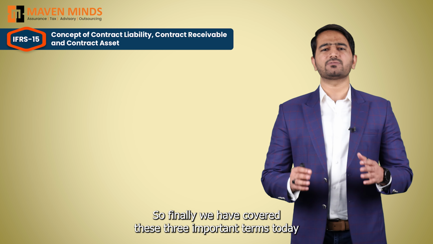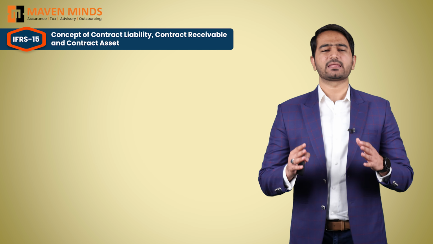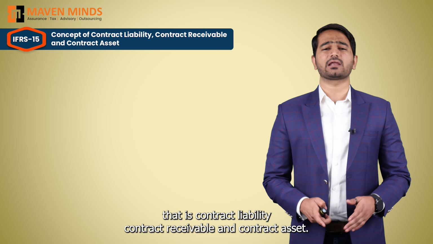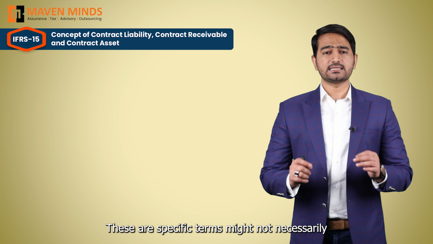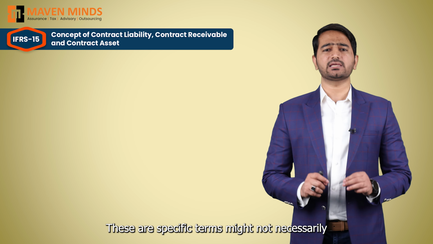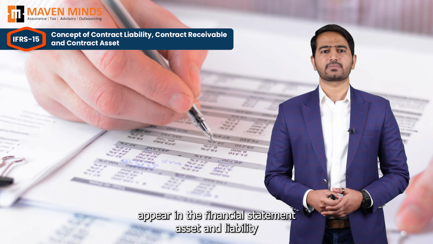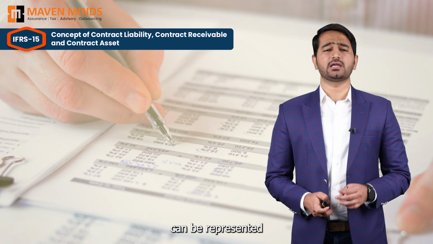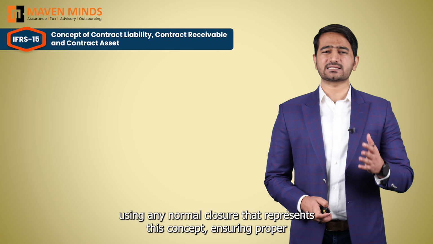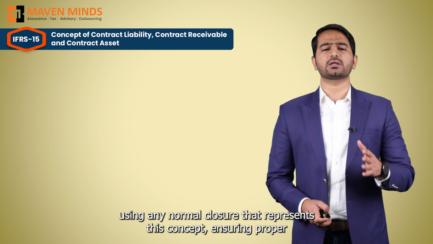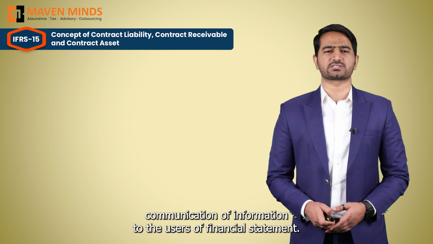So finally, we have covered these three important terms today, that is contract liability, contract receivable and contract asset. These specific terms might not necessarily appear in the financial statement. Assets and liabilities can be represented using any nomenclature that represents these concepts, ensuring proper communication of information to the users of financial statements.